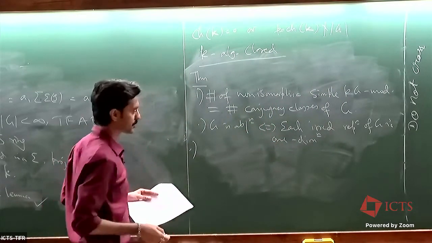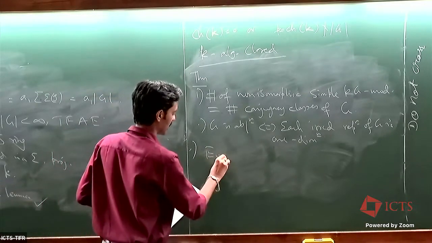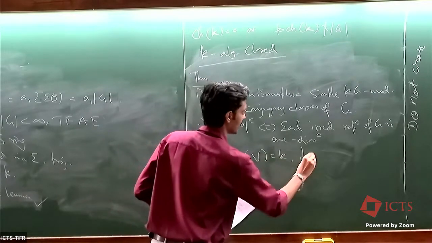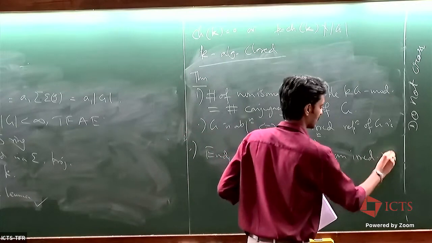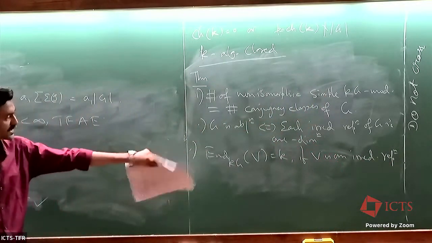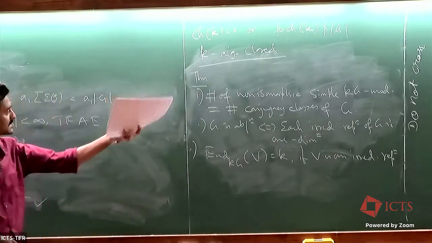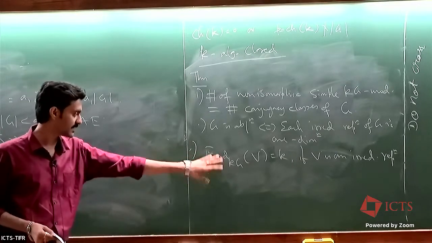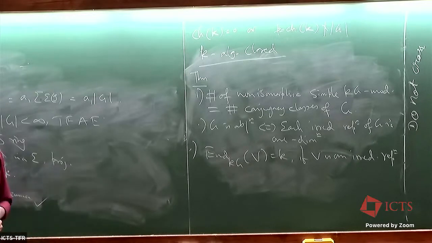And one more corollary from the Schur lemma in this case is that this is equal to K if P is an irreducible representation. Because this is a division ring over K, a division algebra over K, and since K is algebraically closed, and D here is this endomorphism ring, which is finite dimensional, therefore it must be equal to K.